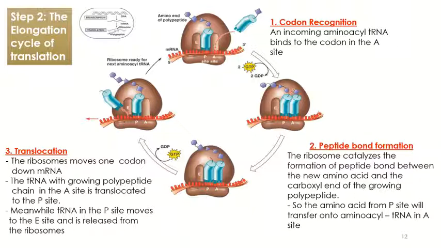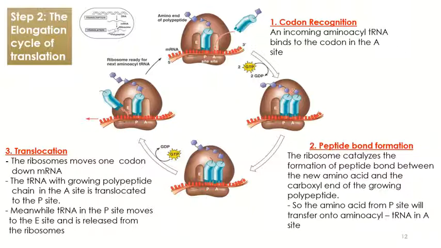Then at this stage the ribosome moves one codon down the mRNA. So the one who moves is the ribosome. The tRNA with the growing polypeptide chain in the A site is translocated to the P site. Meanwhile, the tRNA in the P site moves to the E site and is released from the ribosome.